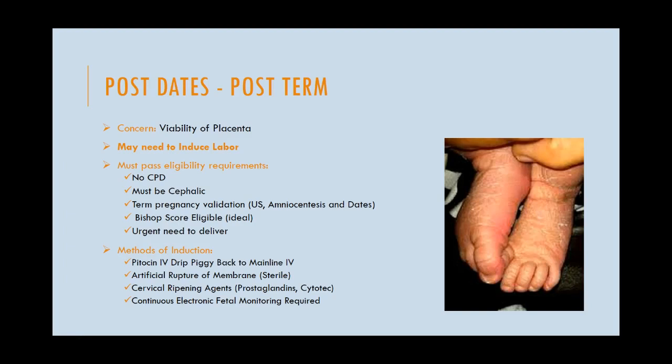Obviously, we have to make sure that their pelvis is adequate to accommodate the baby on the inside. Post-date and post-term babies tend to be larger kids because they've spent much longer time in utero. And if they're larger, then there is a risk that they will not fit through the pelvis.